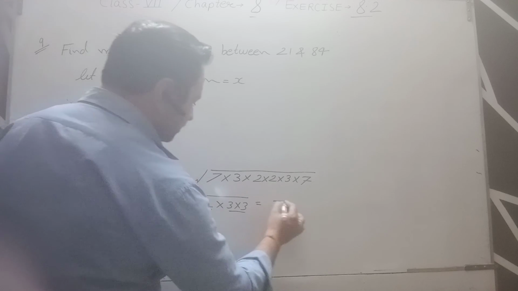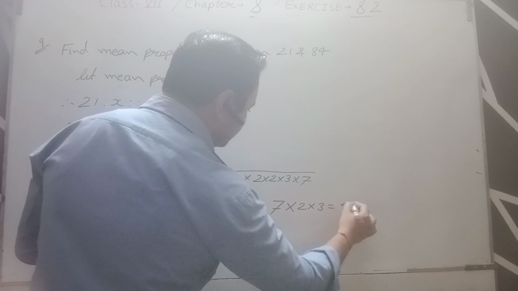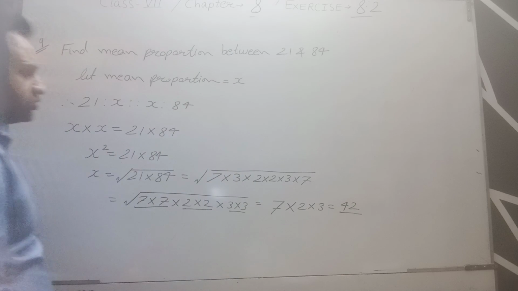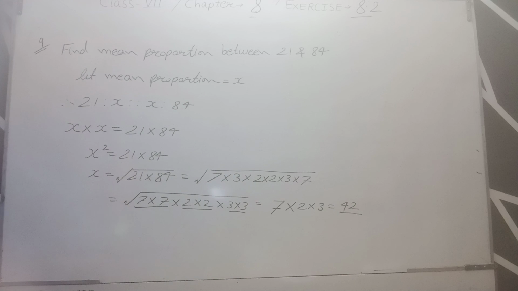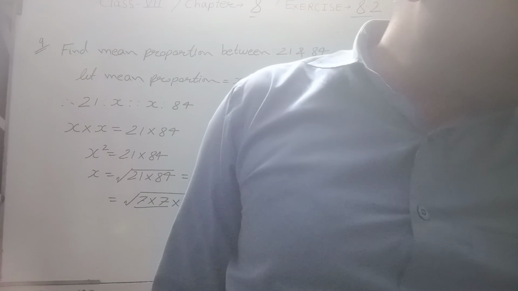So 7 multiply 2 multiply 3, it means 42. So the mean proportion is 42. I hope question number 9 is clear. Just note down, and the remaining parts are homework. So you have to complete exercise 8.2 up to question number 9. Thank you very much.